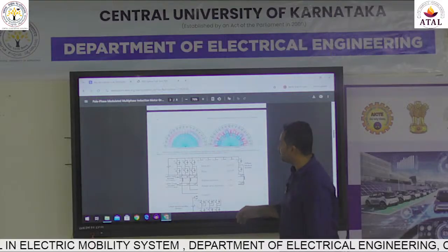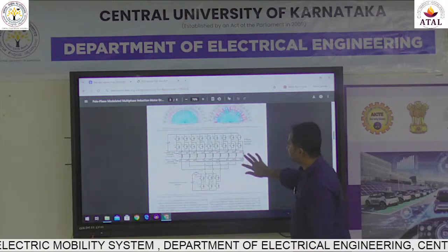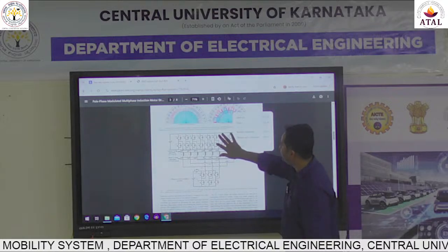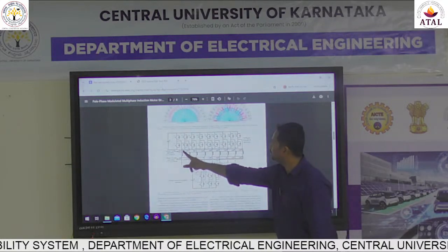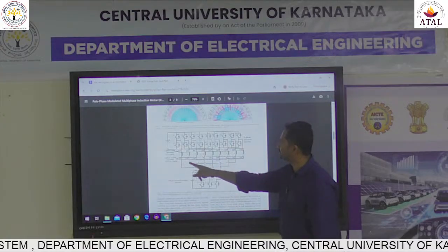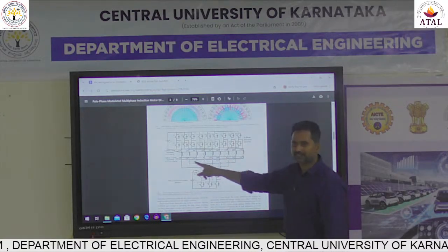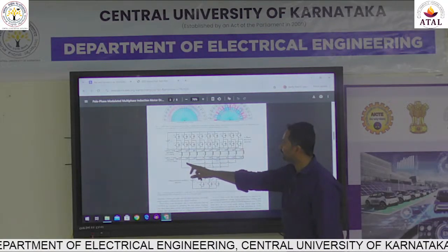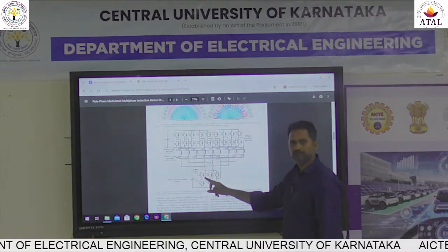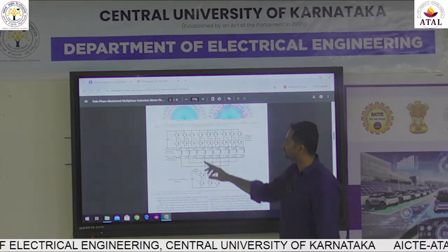So in this 3-phase 12 pole operation, we know this is 0, this is 0, and this is 0. This is a 3-phase 12 pole operation, the excitation you can do. Now all the zeros are connected to one winding on this side, and the other zeros on the other side.